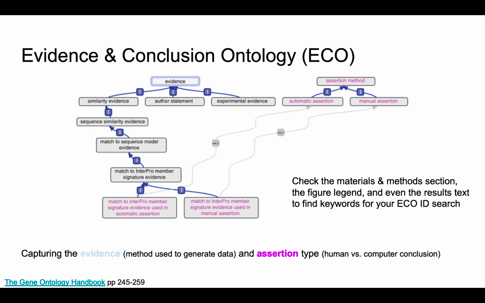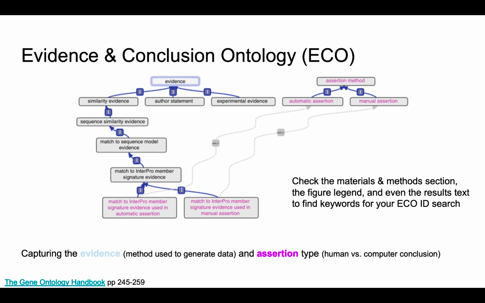So for us, we're not computers, so we will always be using terms that fall under the manual assertion section of the ontology. And these are governed in a similar way to GO, so they have very specific IDs and term names and definitions. Those are related to each other by specific relationships in this tree.